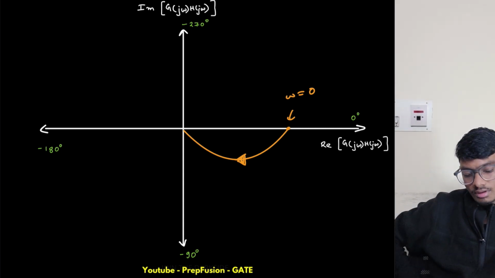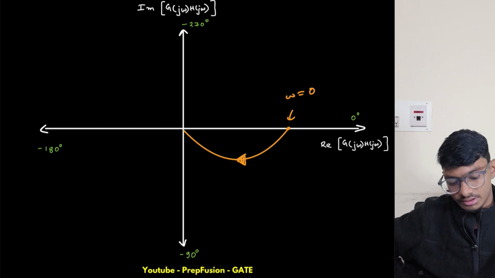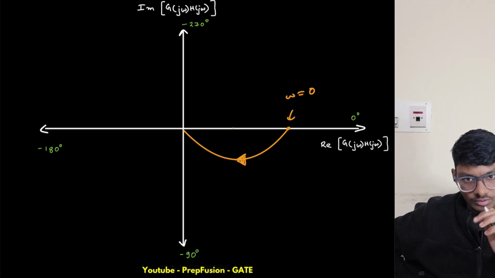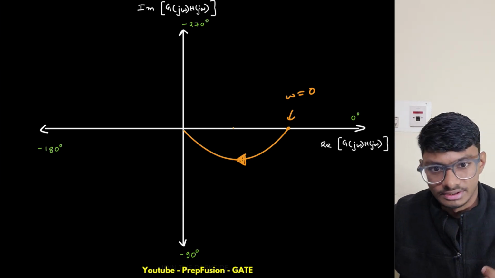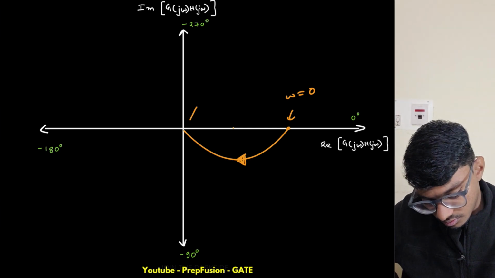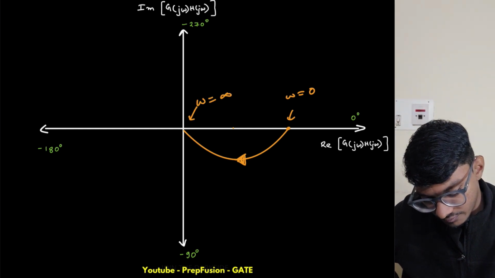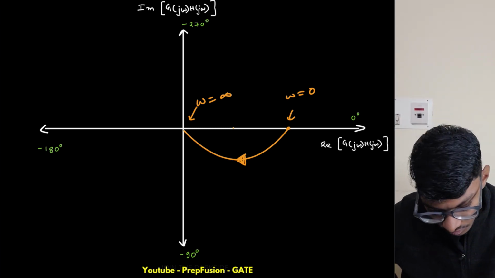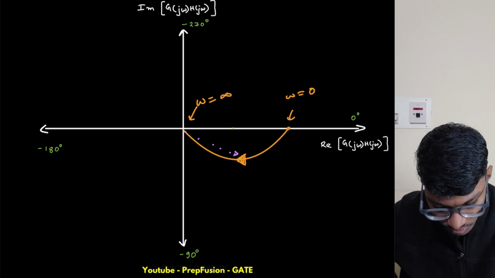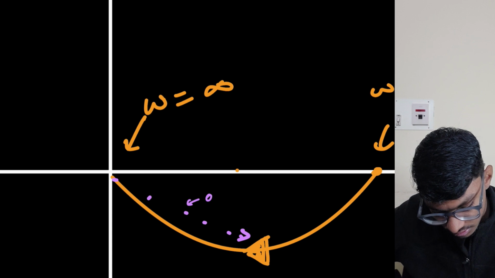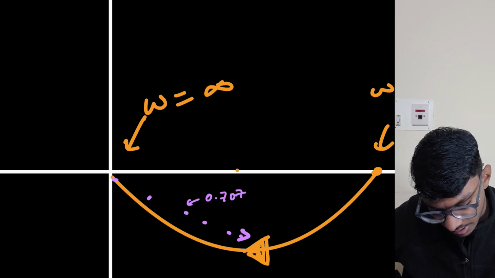This will be a semicircle only, right? And at omega equals 1 by tau we get the center. So this is omega equals infinity, and this is omega equals 0. At this point the magnitude, if I zoom in further, is 0.707, and the angle is minus 45 degrees.